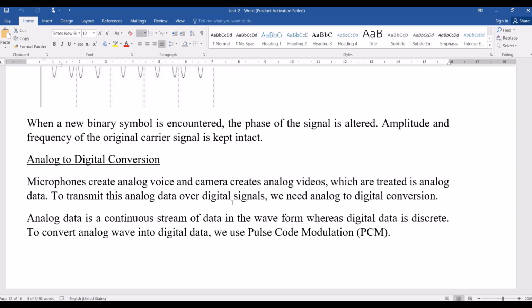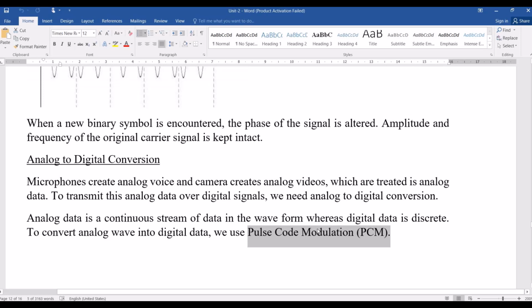Analog data is a continuous stream of data, a waveform, whereas digital is discrete, 0 1 0 1. That discrete is a sudden change of the frequency. So how do we convert this? To convert those analog waves into digital, we use pulse code modulation. You have to remember this.